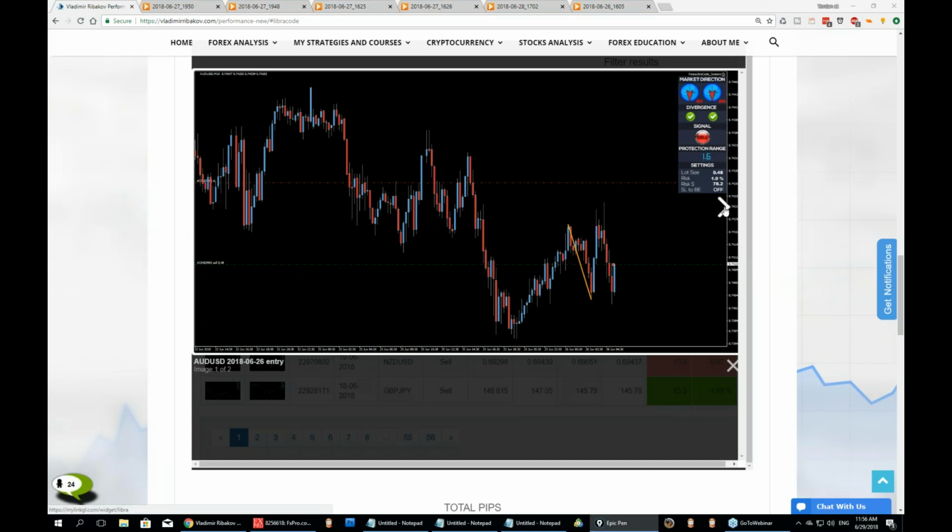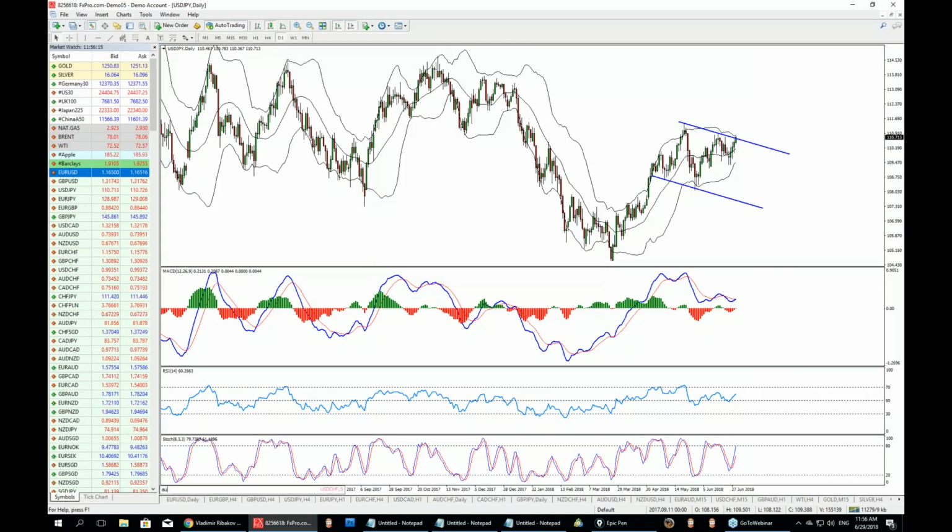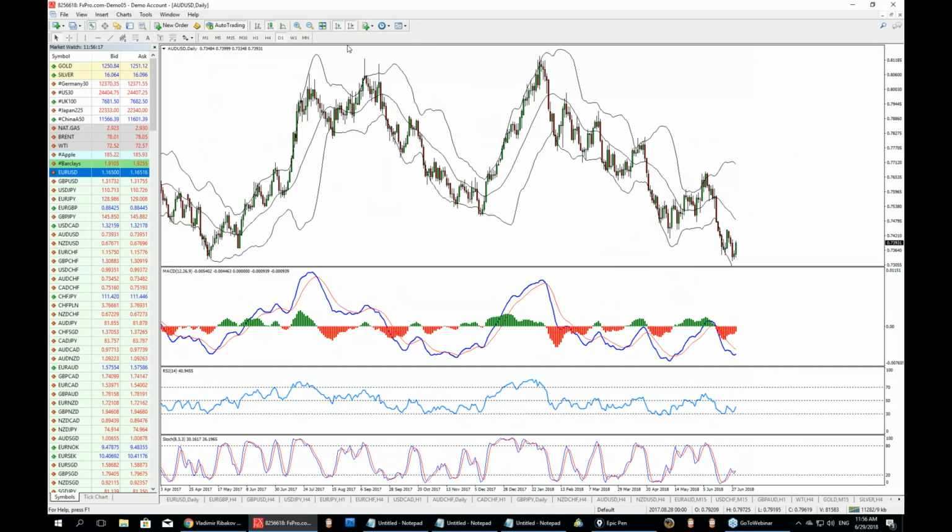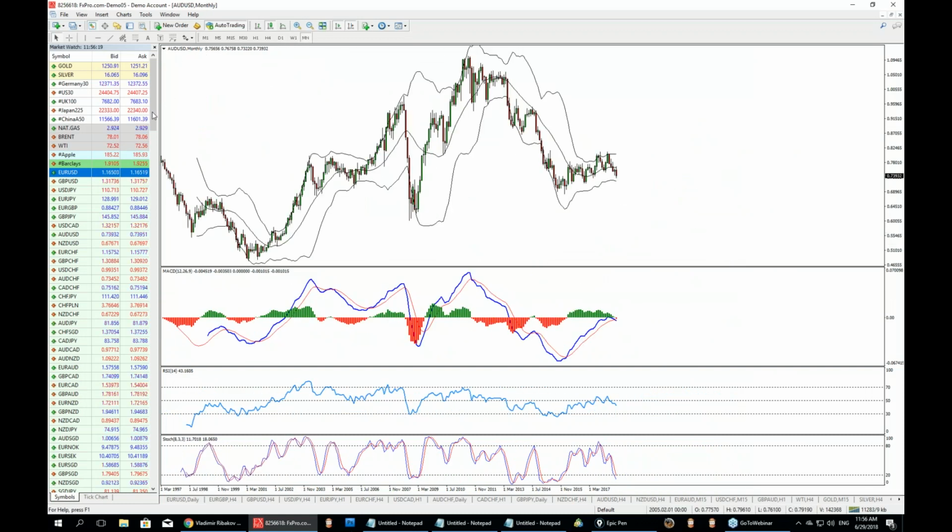Looks definitely great, and you know, Aussie dollar, I shared with you many times, even if we go to the monthly chart, we should be reaching 61 anytime during this year, guys, probably, or maybe next year.